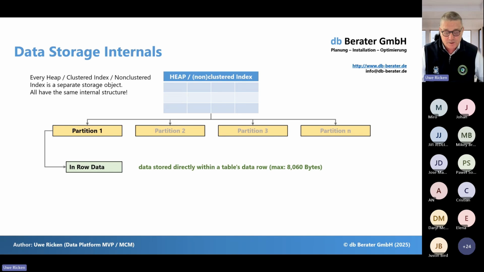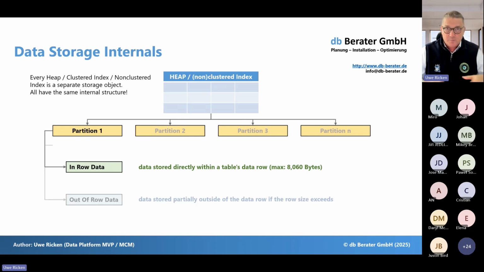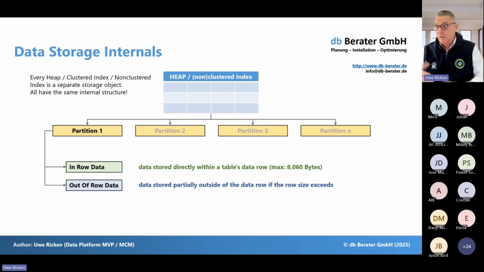Every single partition can have three different data storage techniques. We are talking about in-row data. This is what you all know. In-row data means that a record fits entirely onto one data page. If it comes to bigger data, unfortunately, I see it very often, also in OLTP systems, it's so-called out-of-row data.